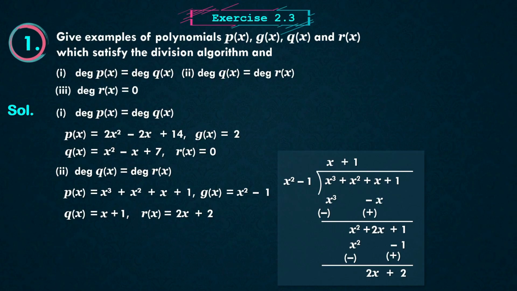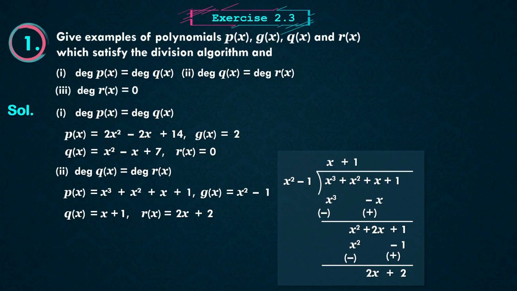According to the division algorithm, p of x equals g of x multiplied by q of x plus r of x. First multiply x square minus 1 with x plus 1. This gives x cube plus x square minus x minus 1. Now add the remainder 2x plus 2.